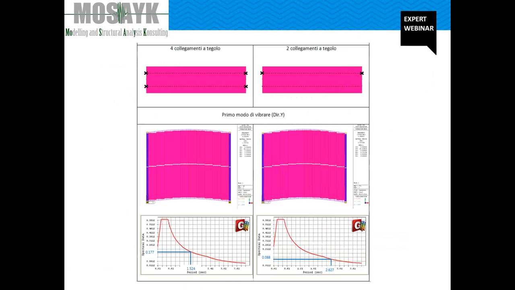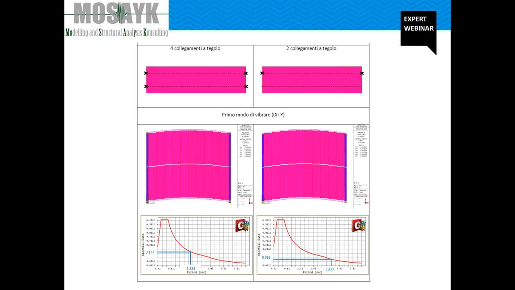One good question that can be solved using Midas Gen is how many connectors should be used and how they influence the behavior of the roof.